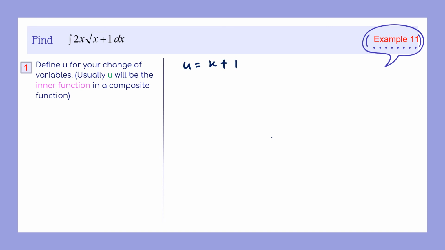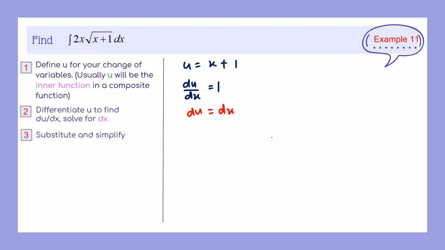So then step 2, we differentiate u to find du dx, then solve for dx. So we differentiate, we get du over dx is equal to 1. So then du is equal to dx. Then step 3, substitute and simplify.